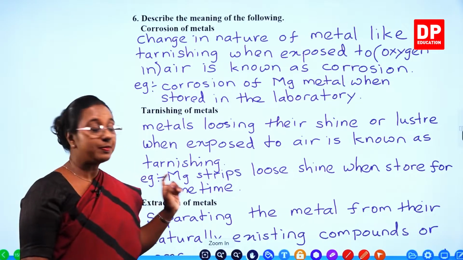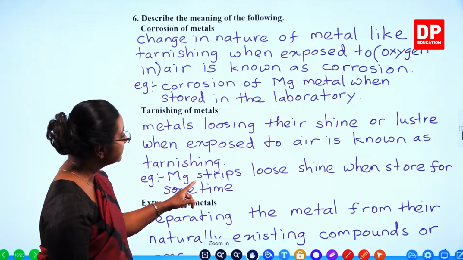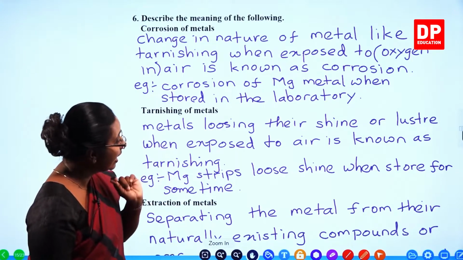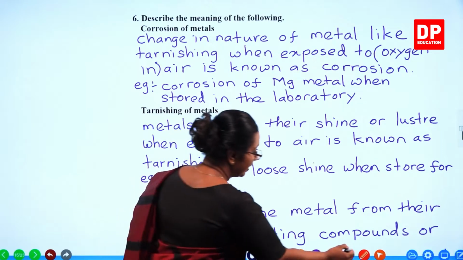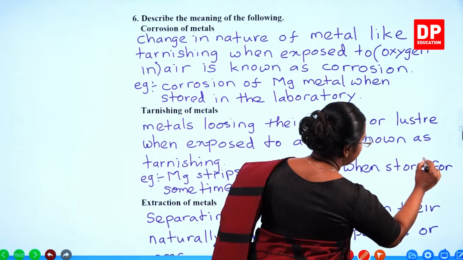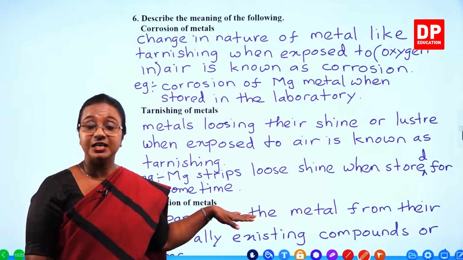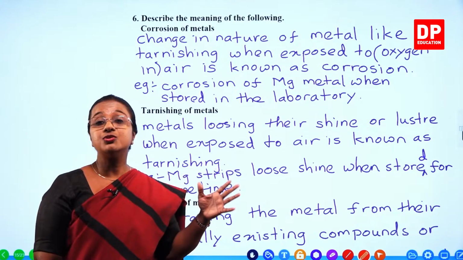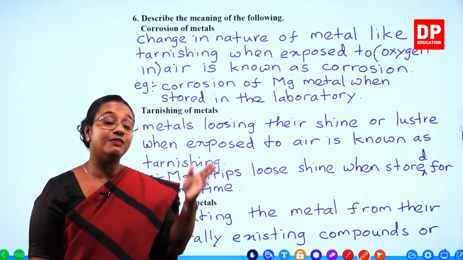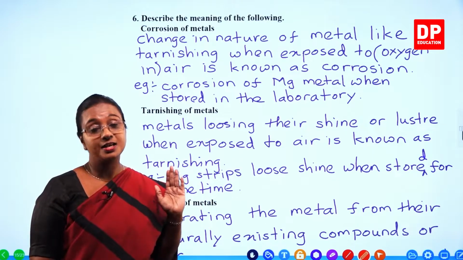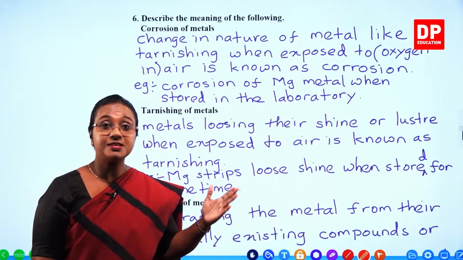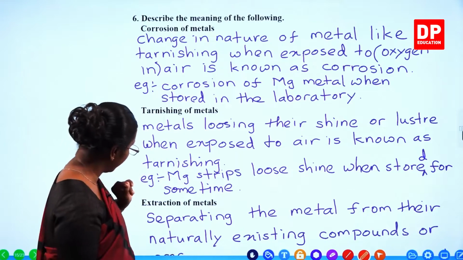And as an example, we considered magnesium strips lose shine when stored for some time. When they are stored for some time, they lose their shine. And like I told you all, even sodium, because it's highly reactive, it quickly loses its shine. So there the reaction is fast. So that is tarnishing of metals.